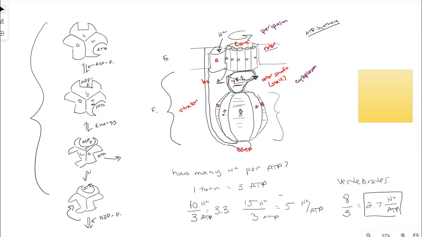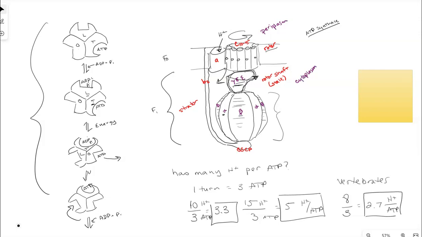And you might think, oh, well, why on earth would you, as an organism, make a system which requires more protons per ATP? It seems natural that you would want to have ATP formed with as few protons transferred as possible. And on the surface, that seems correct.